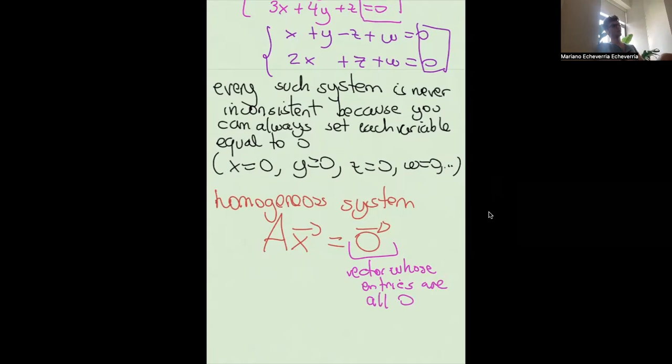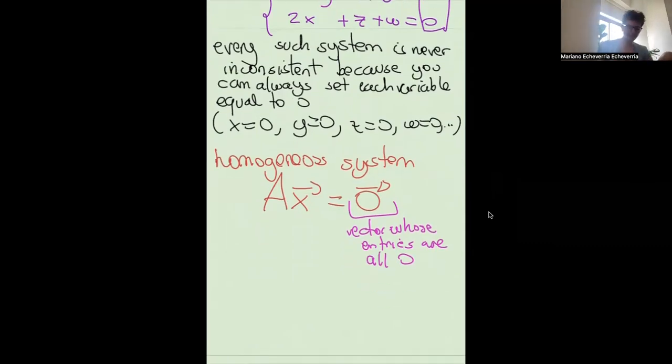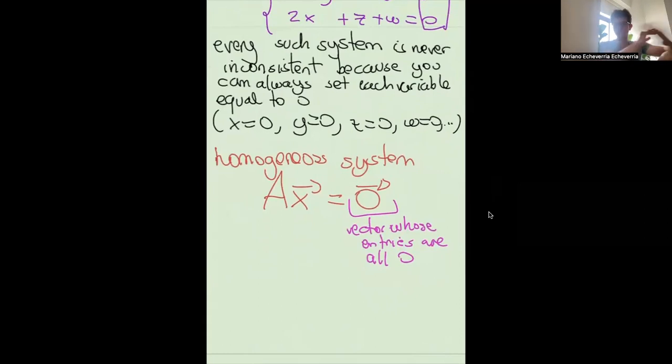The only thing I'm saying is that if you're homogeneous, then the inconsistent case never happens, and so there are only two cases. Remember, for a system, it's either inconsistent, one solution, or infinitely many solutions. We already know this one cannot be inconsistent.